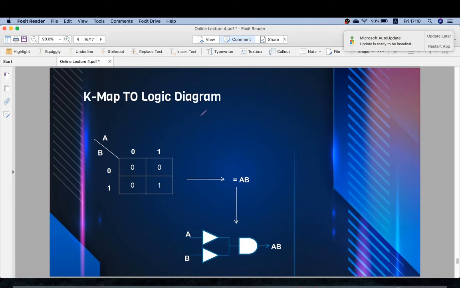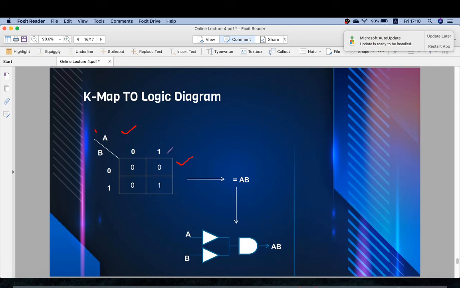Another thing we'll use in our next lecture is K-map to logic diagram. How will we make a logic diagram from a K-map? For example, this is our K-map. It is a 2-variable K-map with 4 cells, and first of all we have to write the equation. Remember in yesterday's lecture, when we talked about design rules for the K-map, we studied that equations are taken from the ones in SOP form.